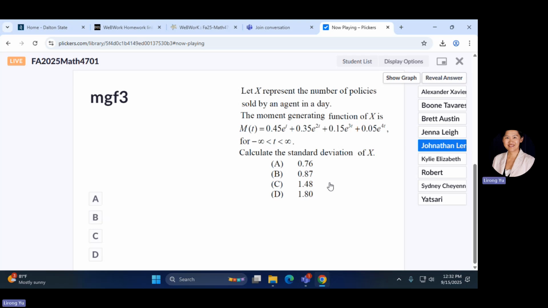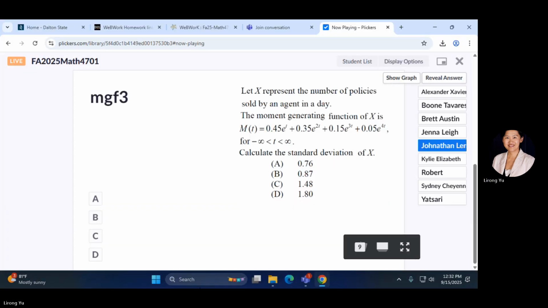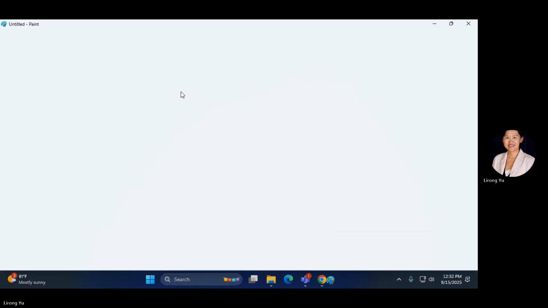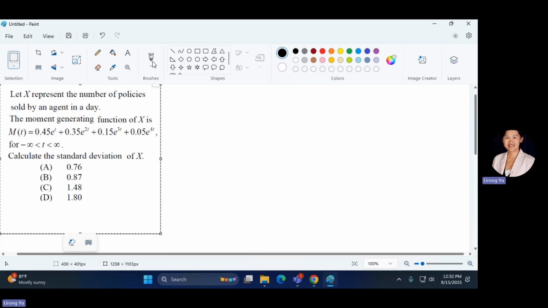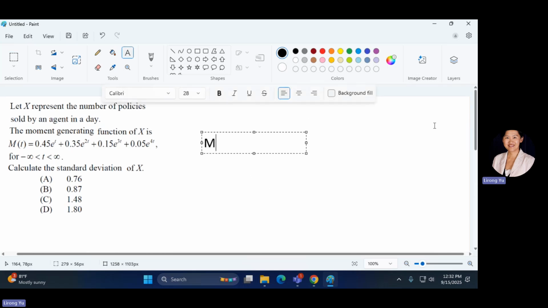You guys have the answer yet? Okay, let me see. So we need to know the derivative. For example, the first derivative is equal to 0.45 multiplied by this, 0.35 e to the 2t.